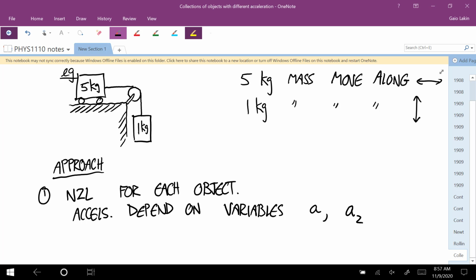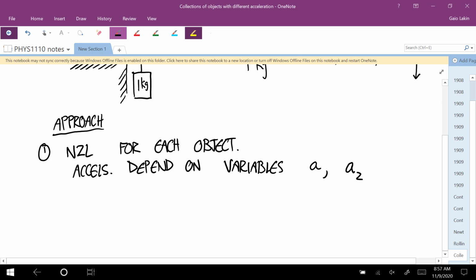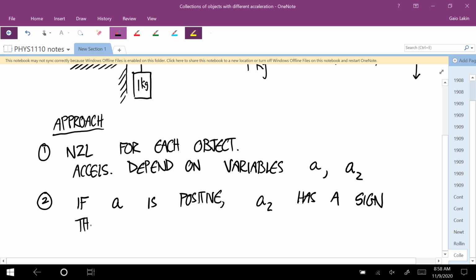So now we have it expressed in two different accelerations, but we haven't yet taken advantage of the fact that we know the acceleration of one is going to depend on the other in some way. And so the second step is, if A is positive, A2 has a sign that's specified.